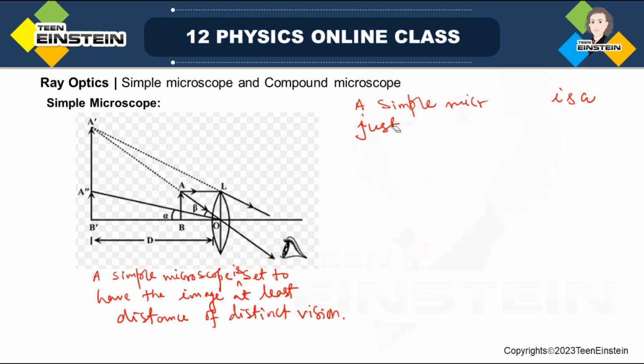I'm going to do a little bit of calculation here, and that's why I'm clearing this space.